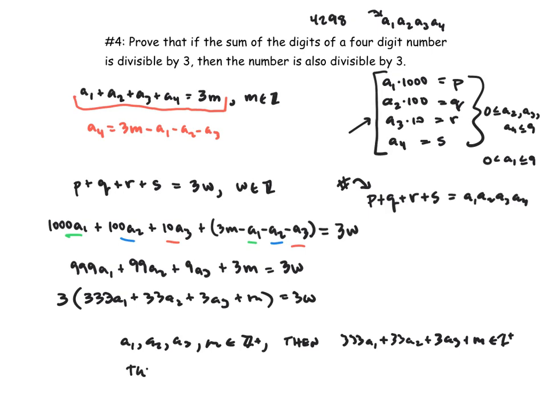Thus P plus Q plus R plus S is divisible by 3, and therefore our 4-digit number, let's define it as F, is divisible by 3.